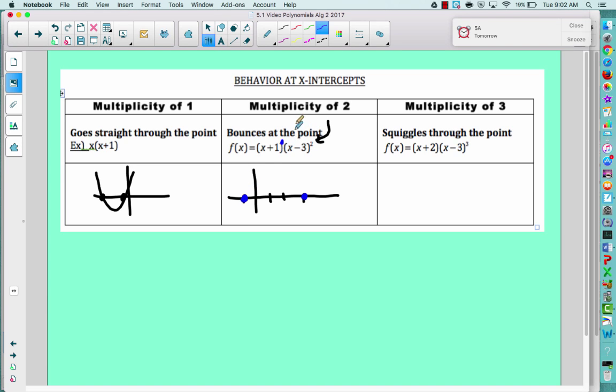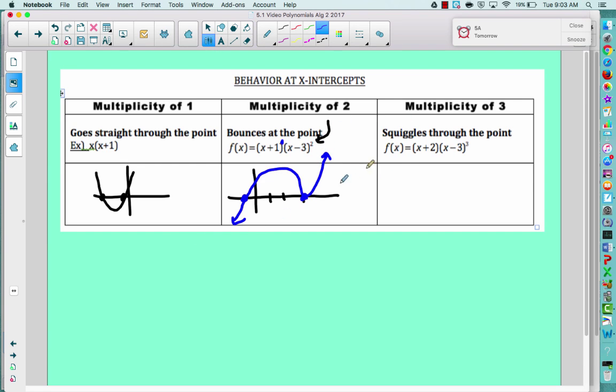That means it's going to be down up. So it's going to go up through 1. That has a multiplicity of 1, so it goes through it. Then it's going to turn, but at that multiplicity of 2, it's going to bounce up like that. And I know my graph's not perfect. But that's what a bounce means. So that multiplicity of 2 means that it bounces. It hits it and turns right back around.